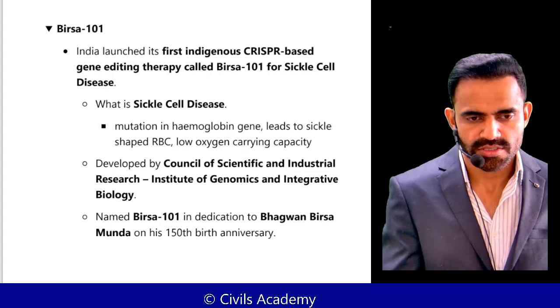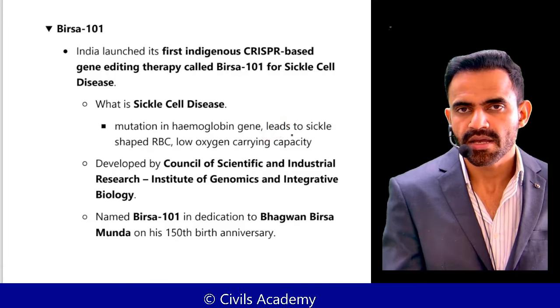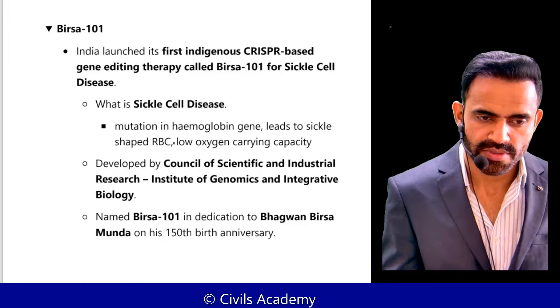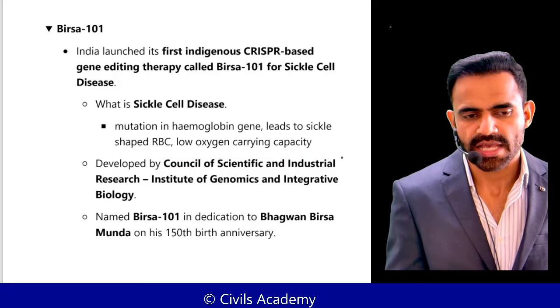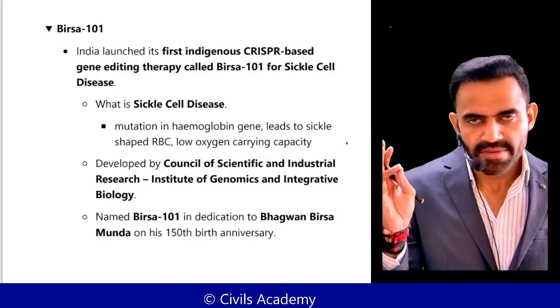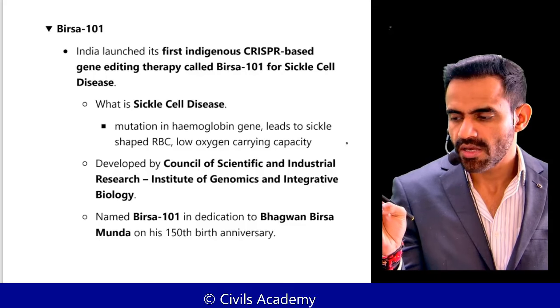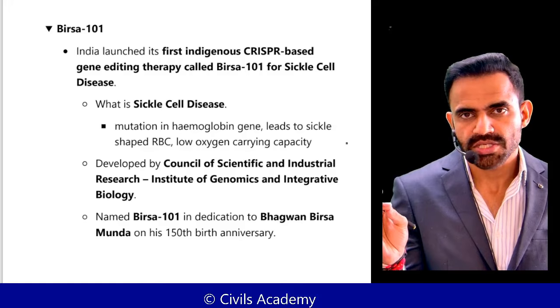So this is going to be like this, and because of this sickle shape, it is not going to be capable enough to carry that much oxygen. So it adversely impacts the oxygen carrying capacity of the cell. So we have developed a gene editing therapy with the help of CRISPR technology to deal with the problem of sickle cell. This is referred as Birsa 101.